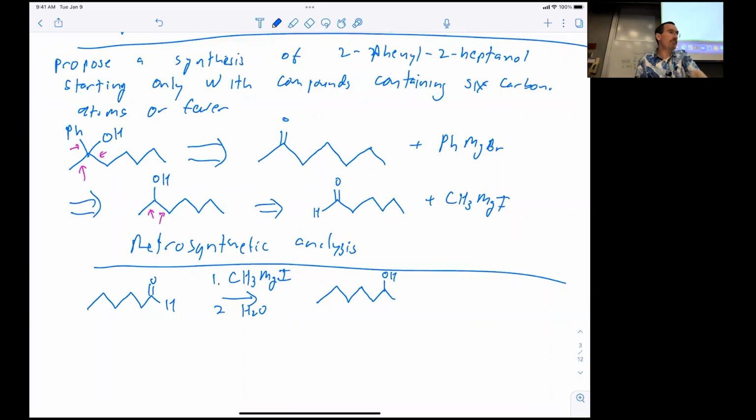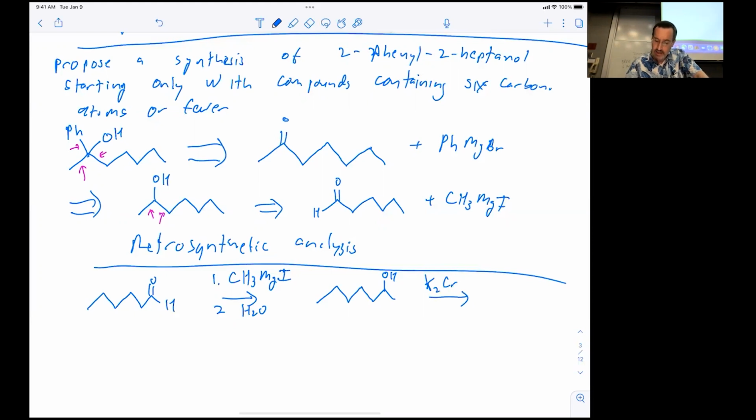We learned in chapter 12 of the 6th edition of your textbook a number of oxidizing agents that can oxidize an alcohol to a ketone. Potassium dichromate, chromium-6, is a very good oxidizing agent.